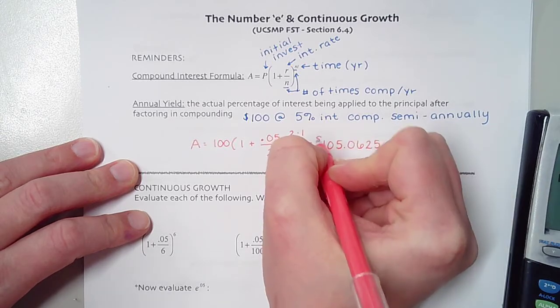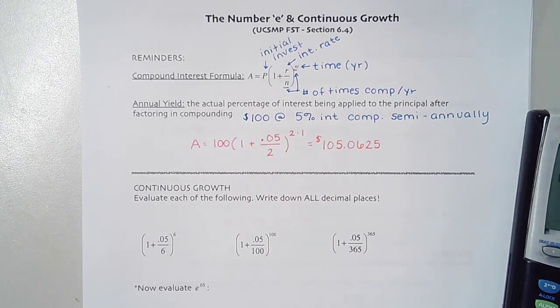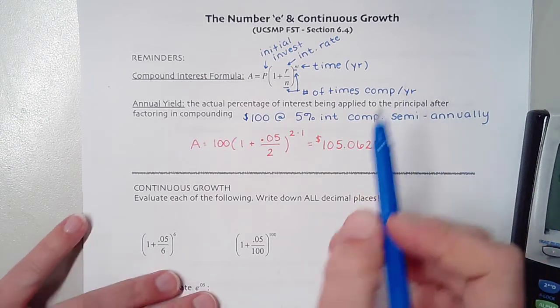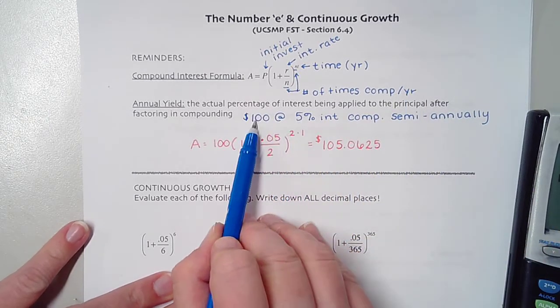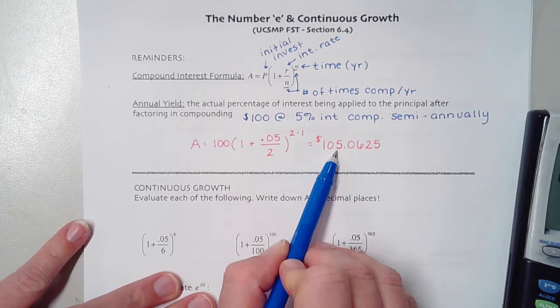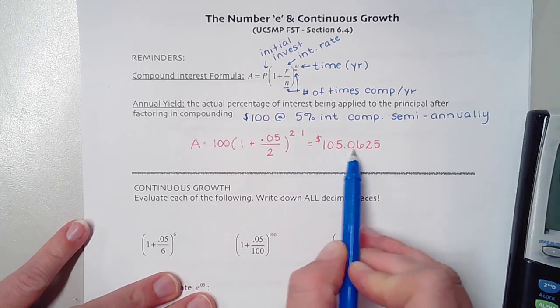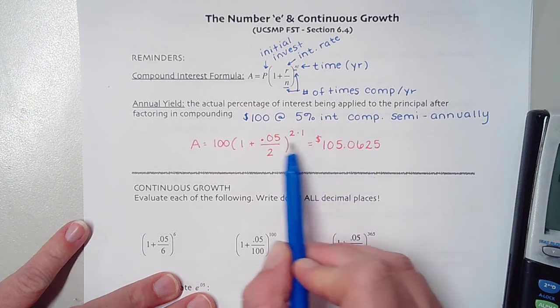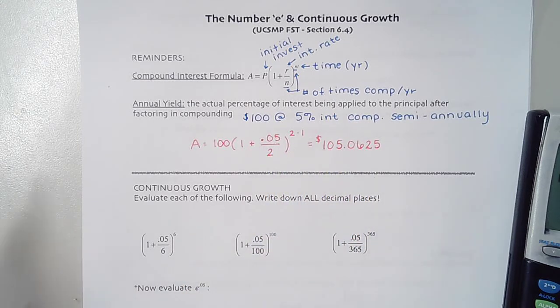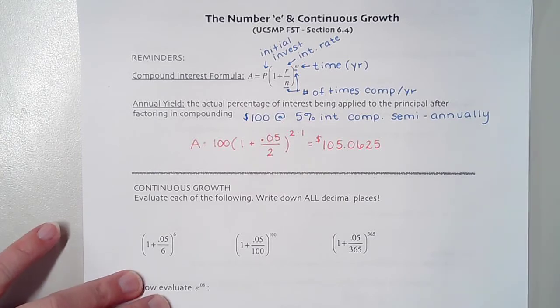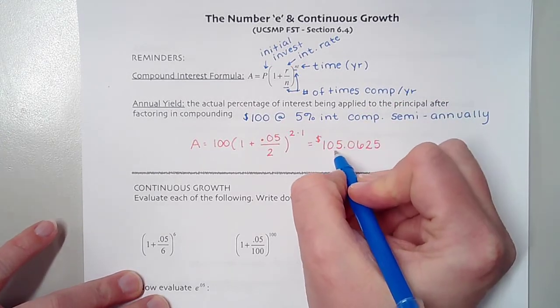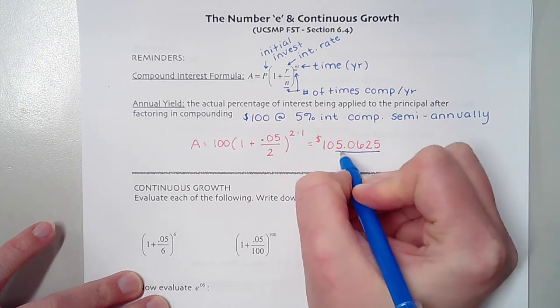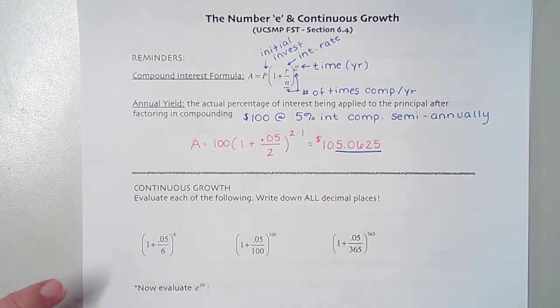Okay, now technically that's money, so we would normally round it differently, but trying to make a point here. So again, the 5% of 100 would get me that extra $5. This is bonus money, okay? This is money that comes from the fact that I earned half of my 5% halfway through the year and then got to earn interest on that the second time around, okay? So I would look at this and I would say, all right, this represents the extra money that I earned.